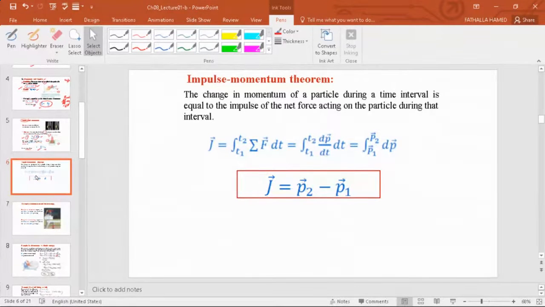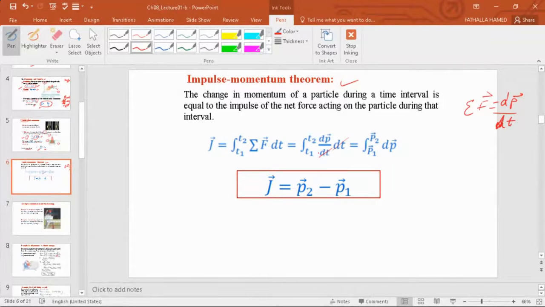So now, if I want to look at the relation between impulse and momentum, the impulse-momentum theorem, we define our impulse as the integral from t1 to t2 of the summation of the force, dt. But remember, in the previous slide, we said that the summation of the force should equal dp by dt. So it is the integral from t1 to t2, where for the force, it's dp by dt times dt.